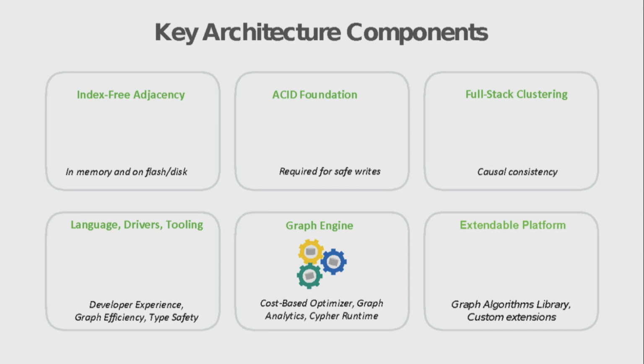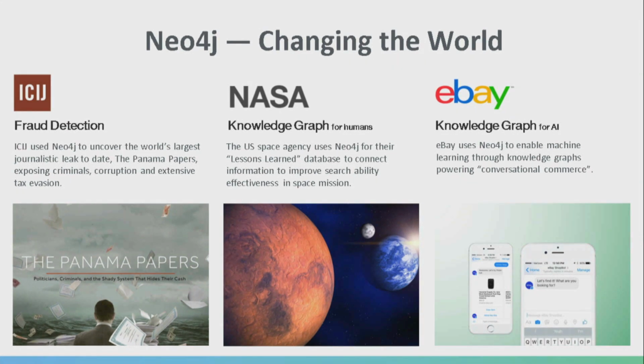And we are an extendable platform. We offer things like libraries of algorithms that help you build solutions, but it's an open platform, so you can extend it with your own. We have very interesting projects. I've mentioned before things that you've probably heard about, Panama Papers with the ICIJ, the NASA knowledge graph, and many more. I'm running out of time, so I hope that was a good introduction.